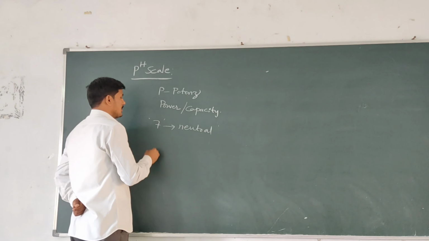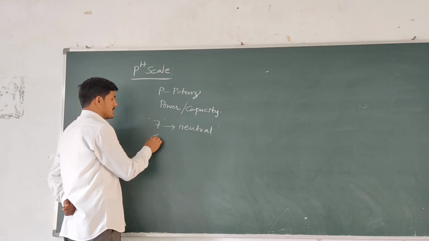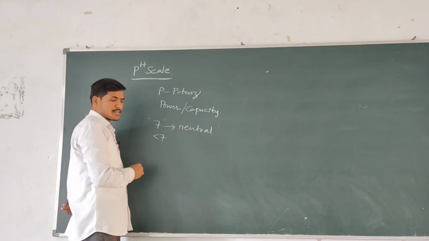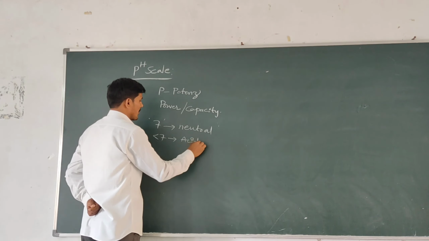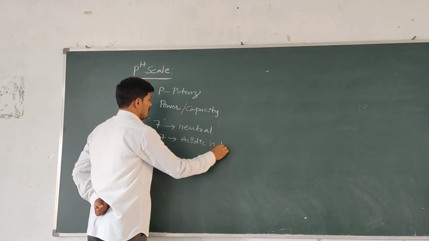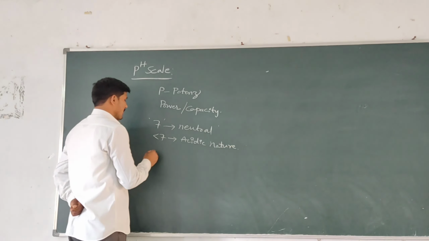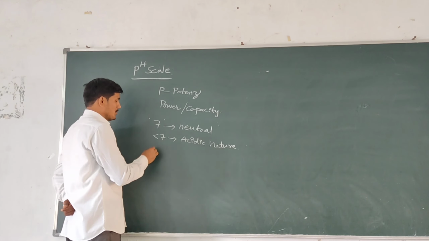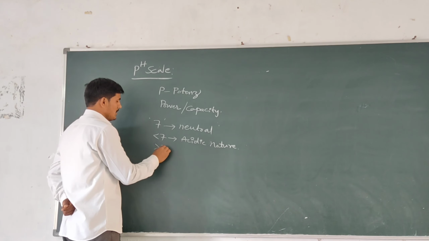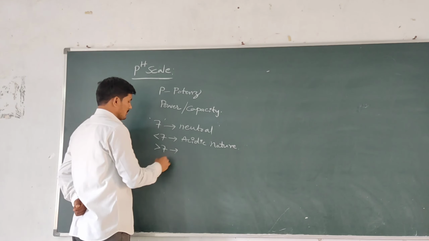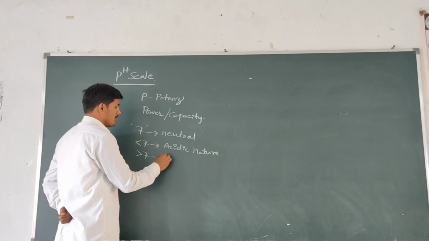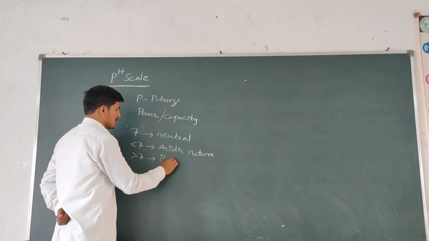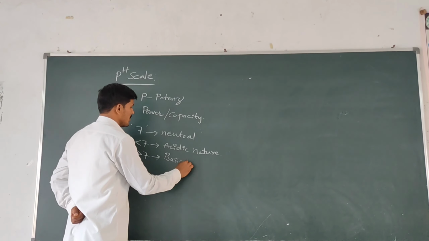When the pH value is less than 7 on the pH scale, it indicates acidic nature. When the value is greater than 7 on the pH scale, it indicates the basic nature of the solution.